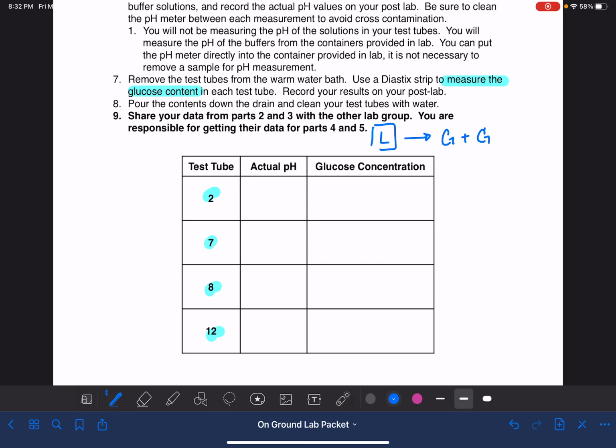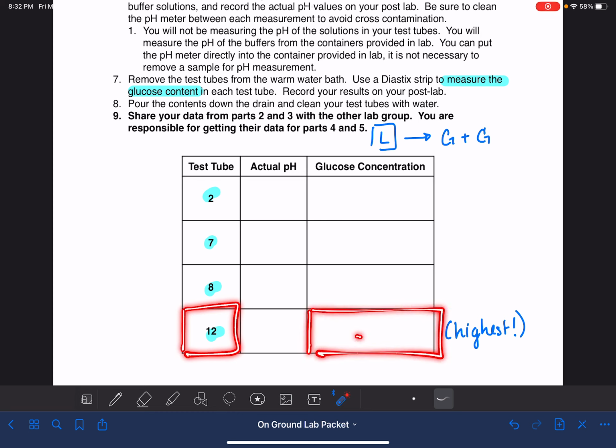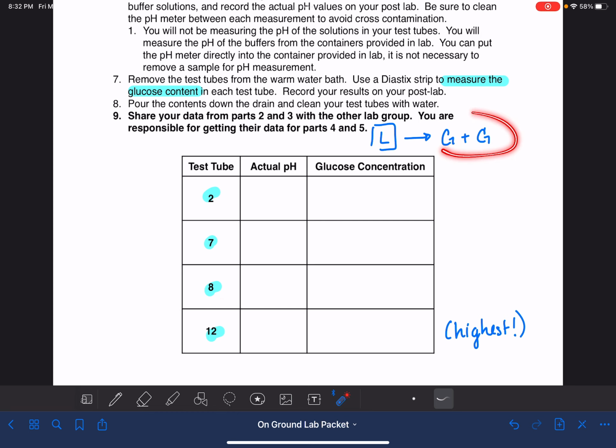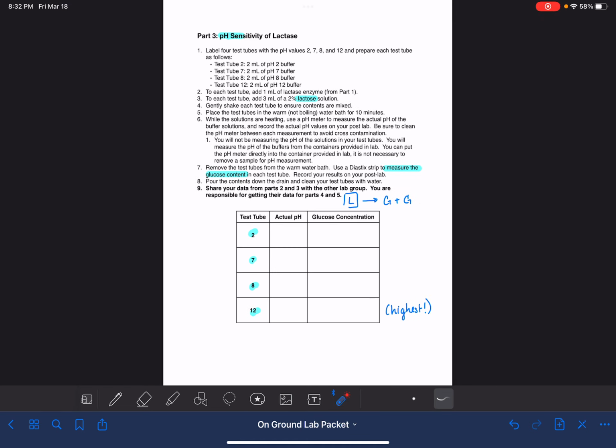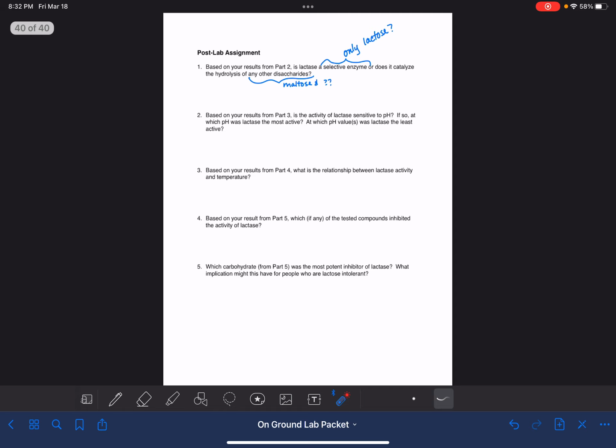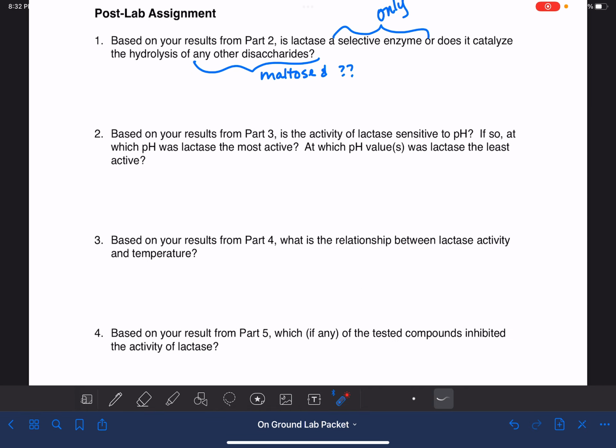So let's just say here that our pH 12 was the highest amount of glucose, and that would tell us that at this particular pH, the enzyme works really, really well because we've produced a whole lot of glucose at that particular pH. With that information, you can head on over to post-lab question number 2 and answer this.